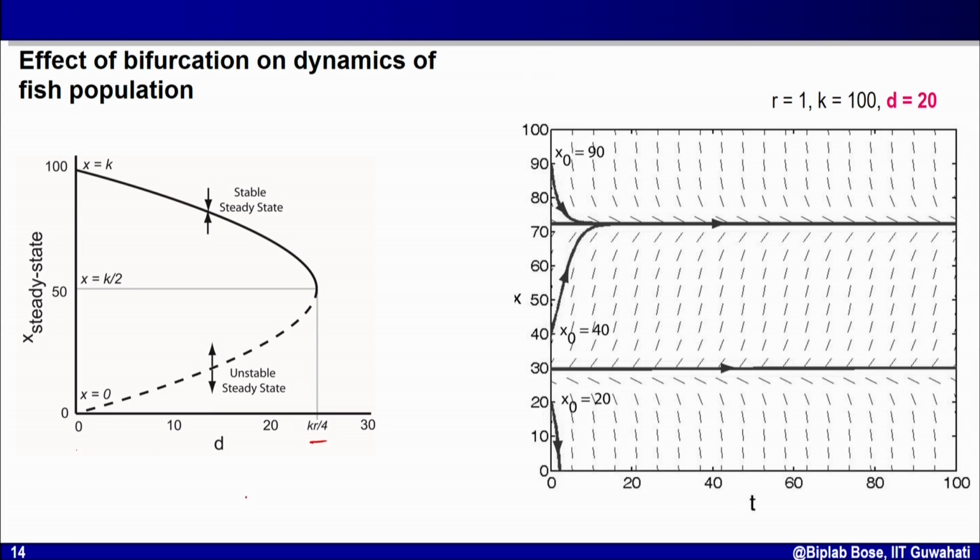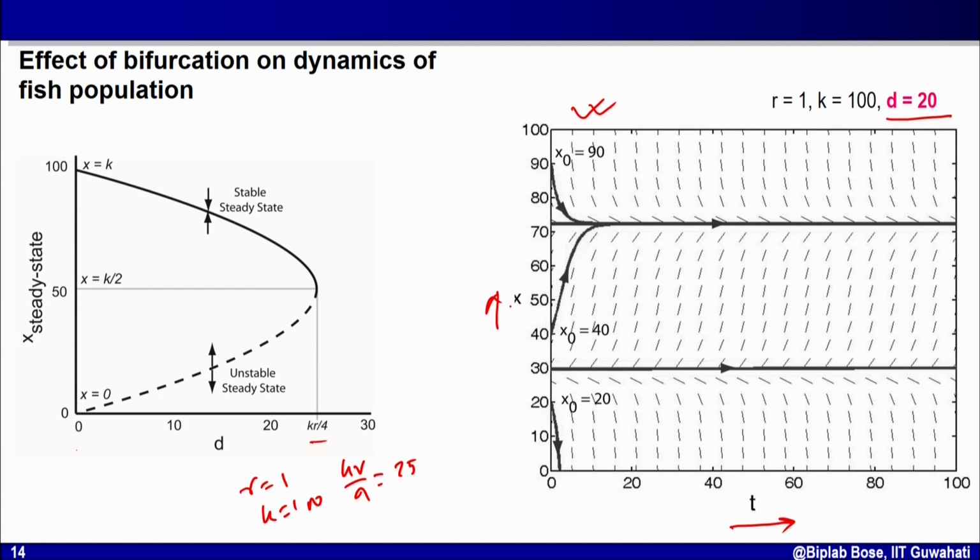If I take r equal to 1, k equal to 100, then kr by 4 is 25. So let us first take a value of d when d is less than kr by 4 or greater than 0. I have taken d equal to 20 and I have drawn a direction field plot here with t in the horizontal axis, x in the vertical axis.